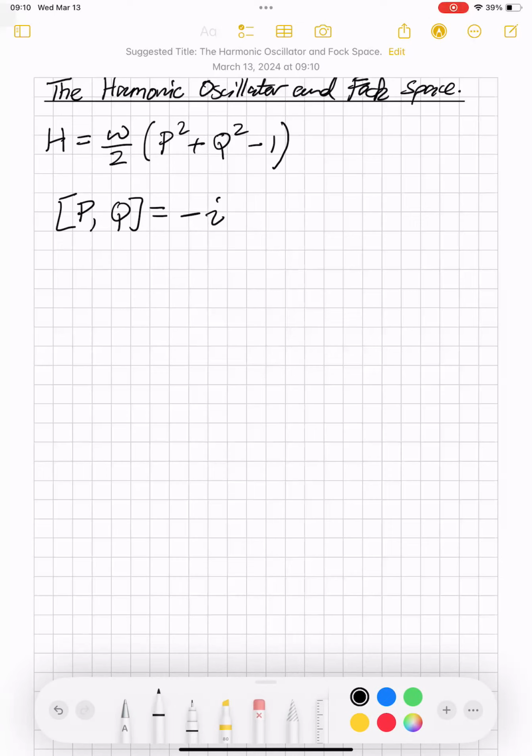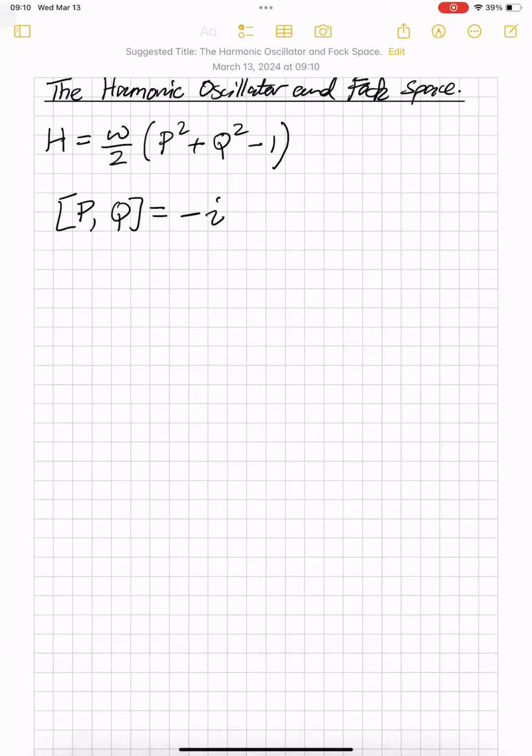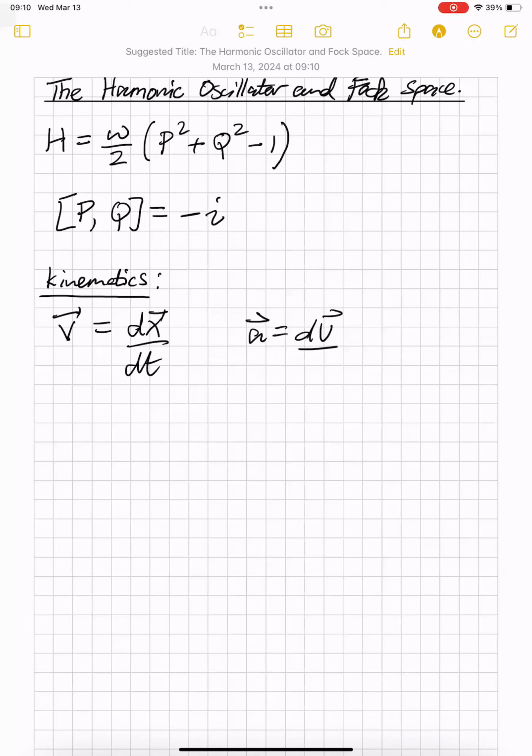Now, this is an equation of kinematics. We've spoken a little bit about what kinematics is. If you were doing classical physics, for example, one of the equations of kinematics would tell you that the velocity is dx/dt. It would tell you that the acceleration is dv/dt, which is the second derivative of x with respect to t.